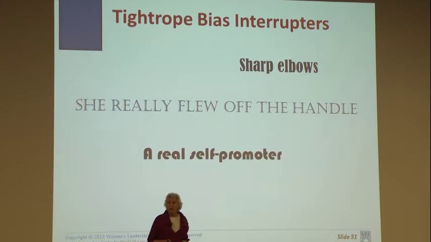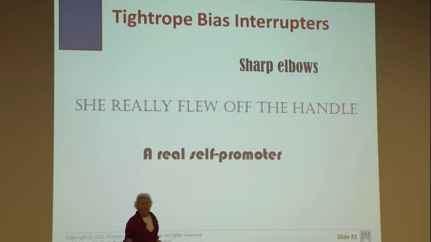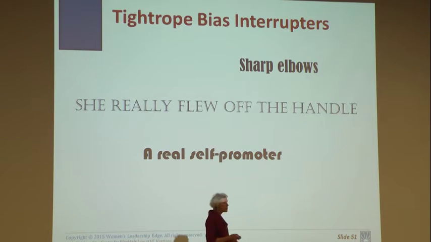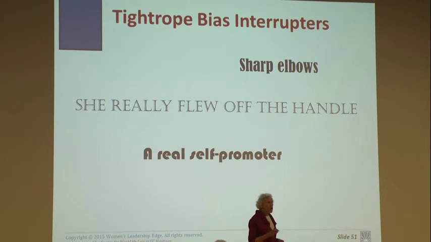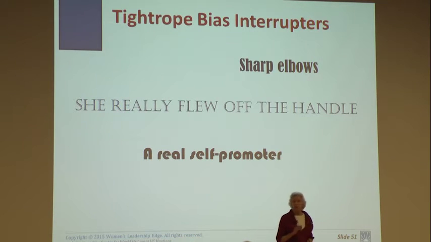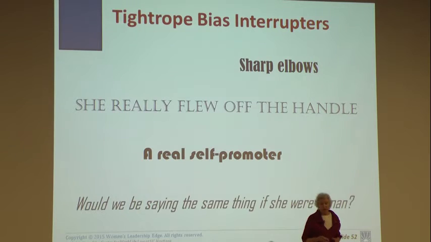These are other things said about women who are direct, outspoken, assertive, competitive. She has sharp elbows, what a witch, she really flew off the handle, she's a real self-promoter. All of these signal that women are being sanctioned for not being modest, self-effacing, and nice. And so again, you can just say, gee, I wonder if we'd be saying the same thing if she were a man.